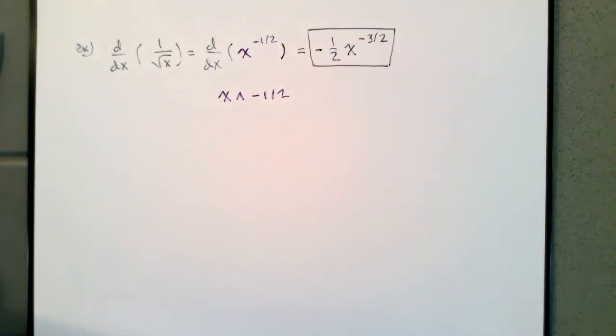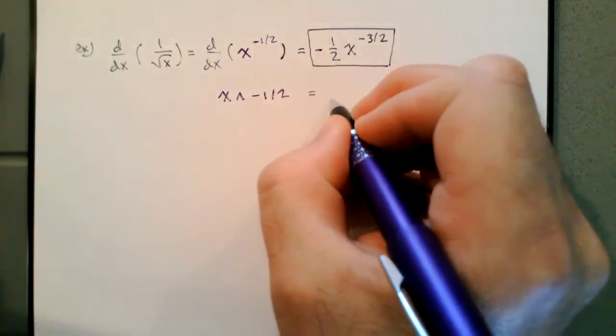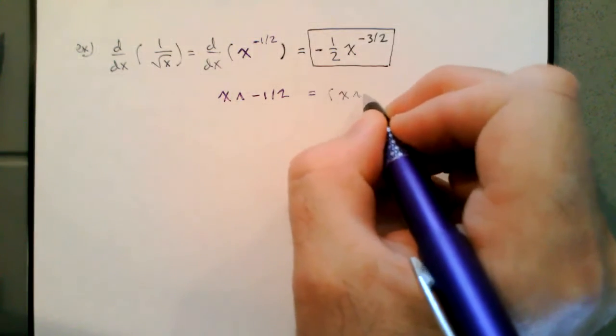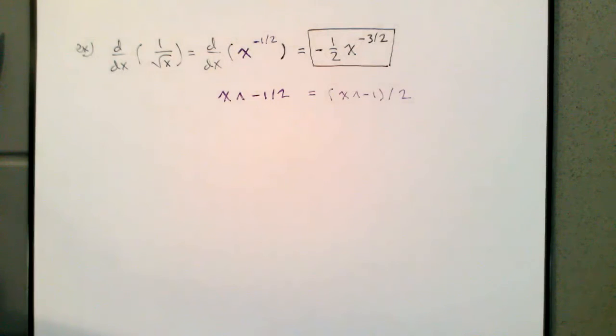So this, typed this way, will be read as x to the negative 1 and then divided by 2. This is how the order of operations would apply to that expression.